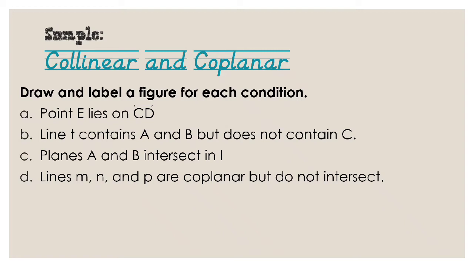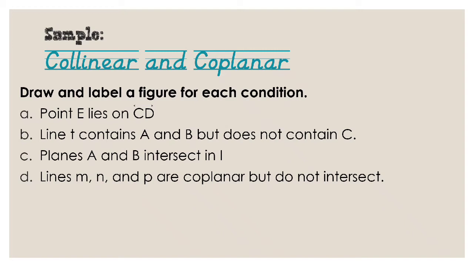Are you done? Okay, so if you got it, let's move on with letter C. In letter C, planes A and B intersect in line L. Earlier I have shown you the samples of planes.